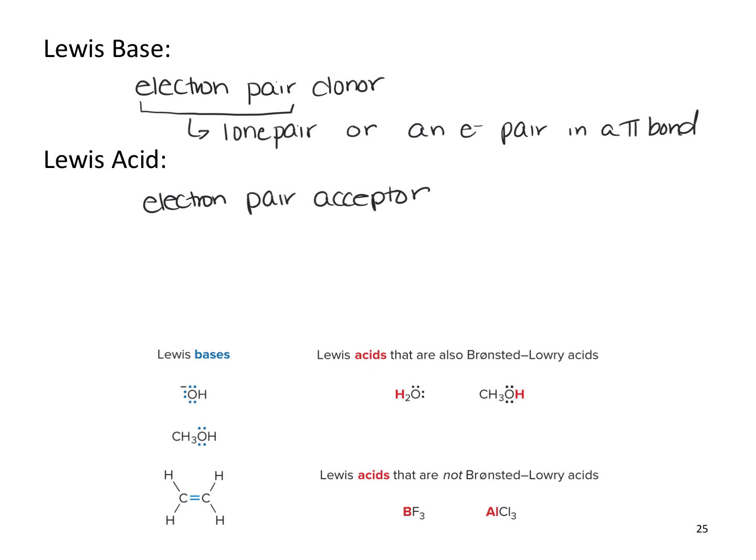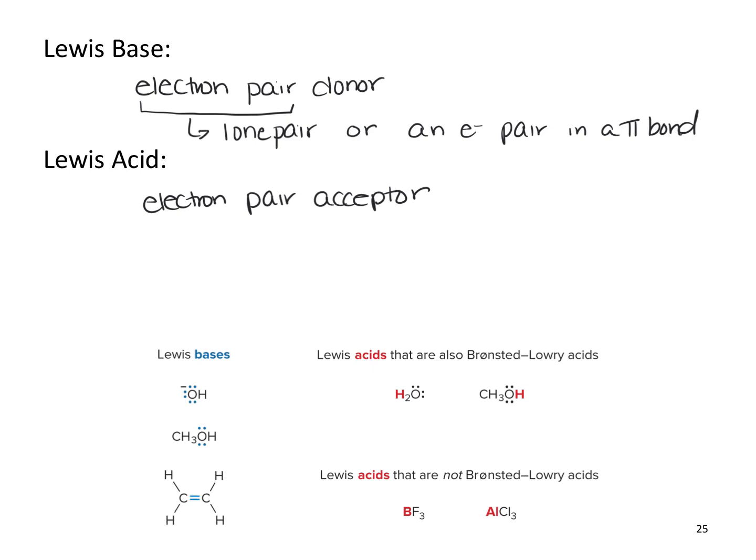Now, a Bronsted-Lowry base will always donate an electron pair to a proton. But a Lewis base donates this electron pair to anything that is electron deficient. So this is really a broader definition.